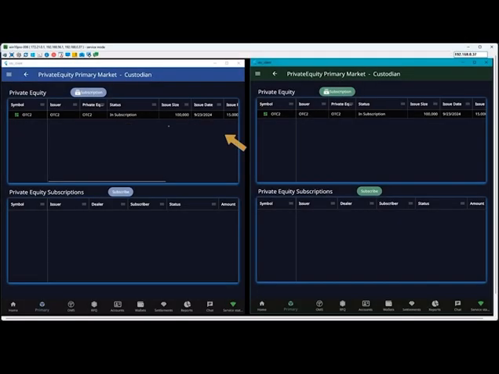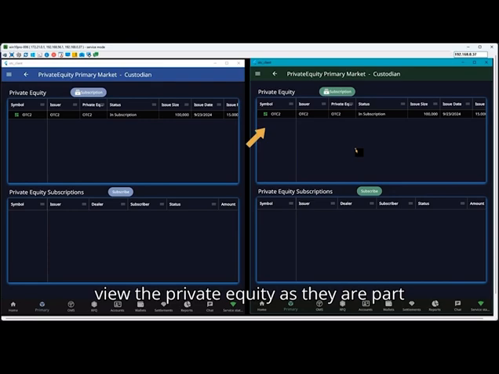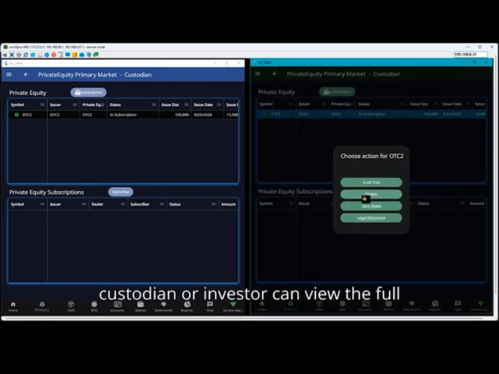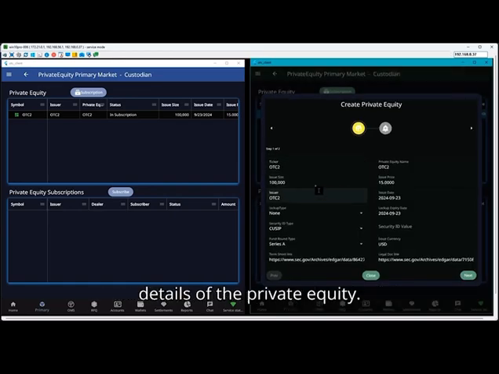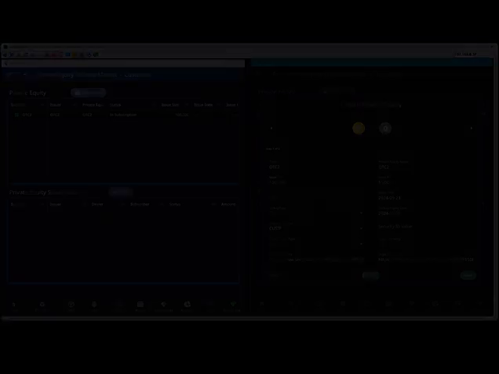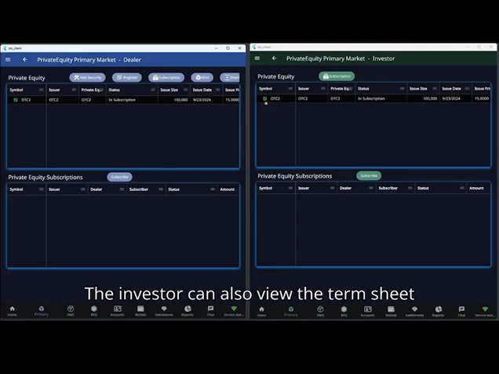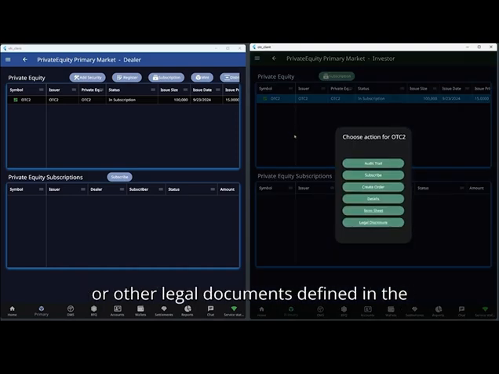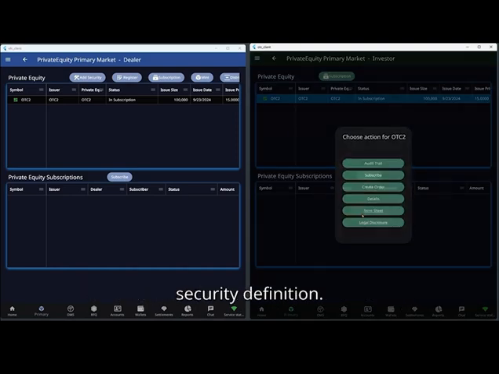The dealer and investor custodians also view the private equity as they are part of the distribution list. The custodian or investor can view the full details of the private equity. The investor can also view the term sheet or other legal documents defined in the security definition.